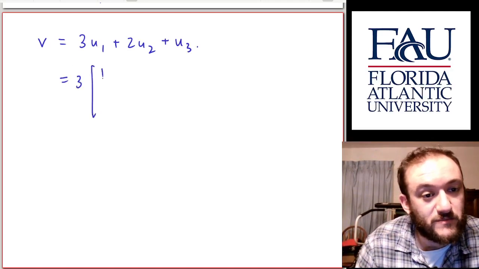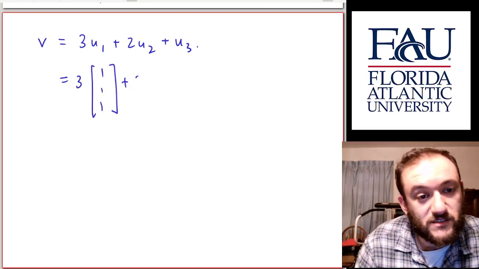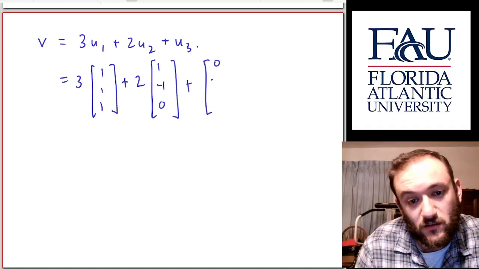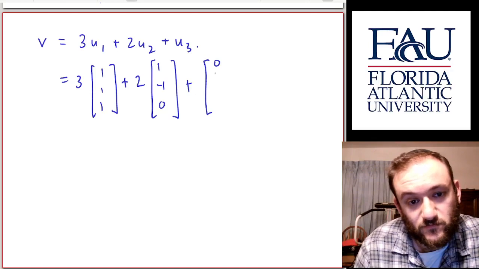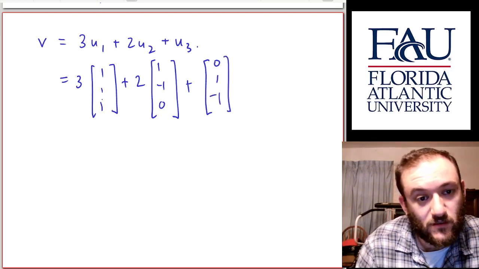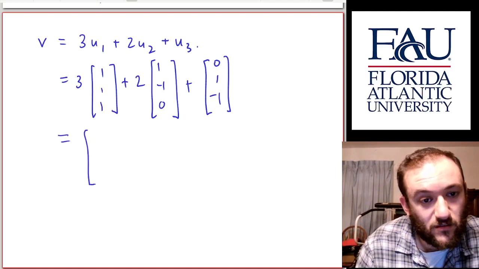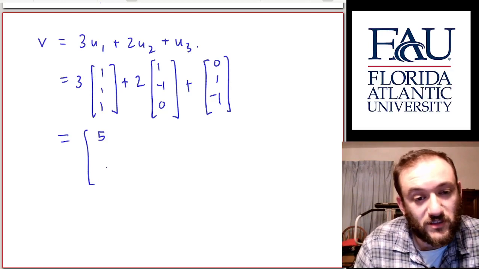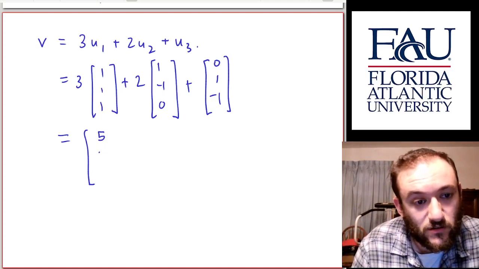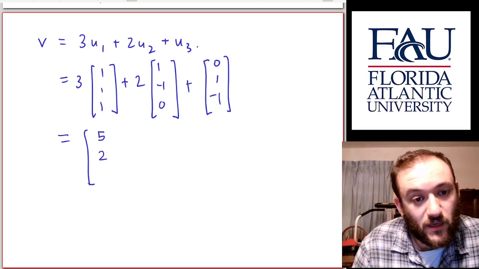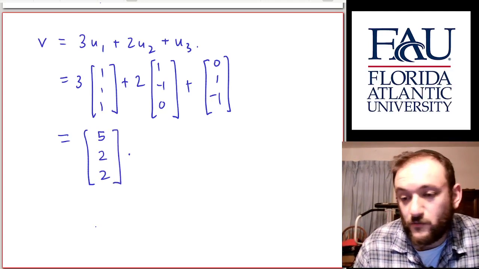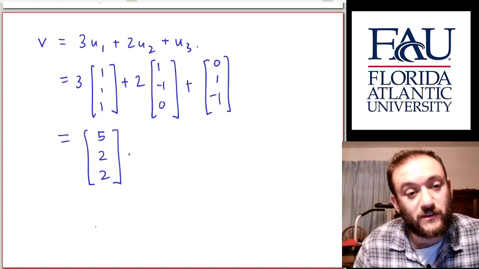So we take 3 times our u1 plus 2 times our u2 plus 1 times our u3, to obtain 3 plus 2 in the first coordinate, 3 minus 2 plus 1 in the second coordinate, or 2, and 3 minus 1 in the third coordinate, or 2. And that's the vector that we would be looking for.